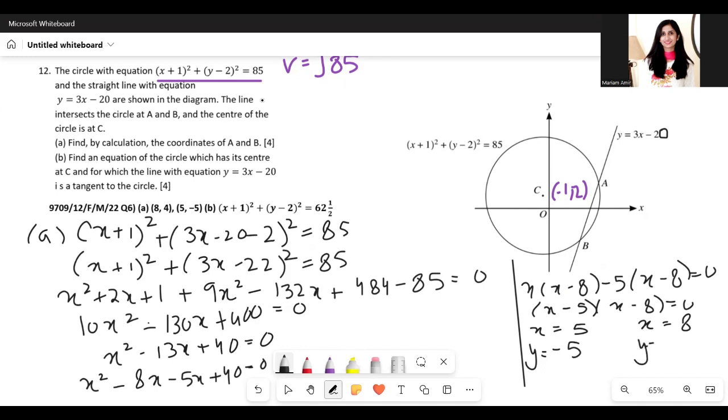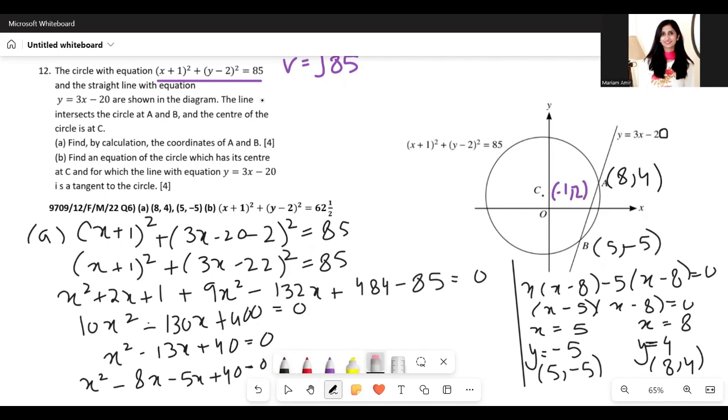And for the other one, again you use this equation, substitute 8 here. So it's going to be 3 times 8 minus 20. That would give us a 4. So the coordinates are coming out to be (5, -5) and (8, 4). So this has to be (8, 4), of course, it's higher. And then this will be (5, -5).